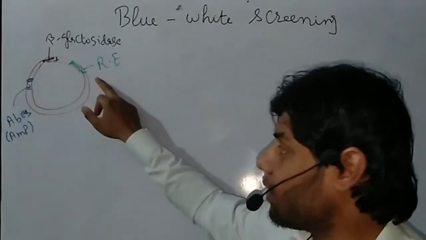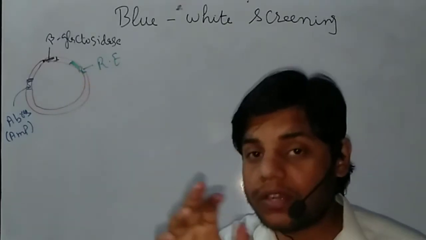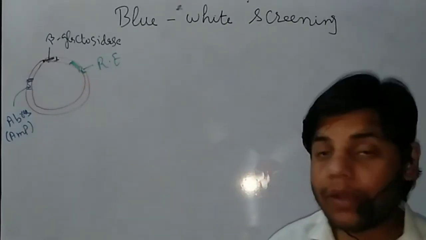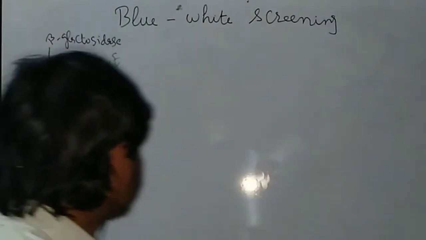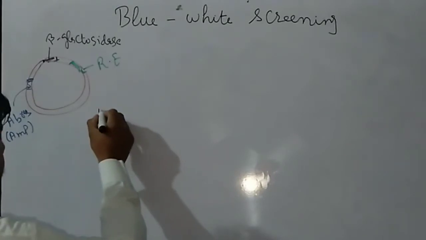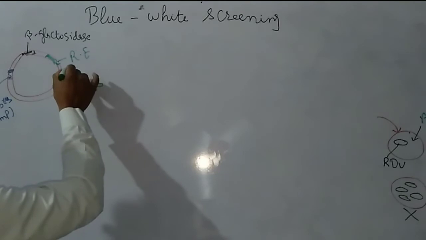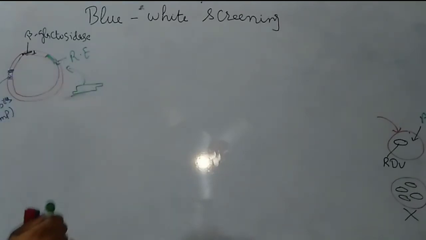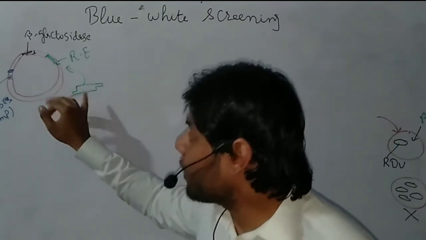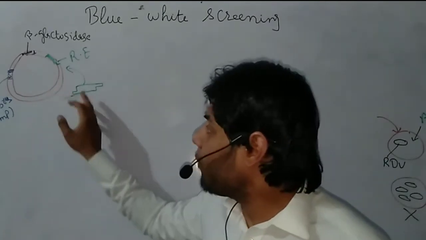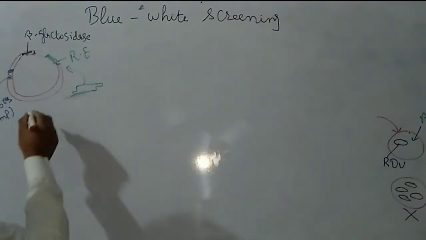Now when we cleave the vector with a restriction enzyme and add our target DNA, let's suppose this is our target DNA, we join it with this vector by cleaving both the vector and the target DNA with the same restriction enzyme. When we join it, we get a structure like that, as you can see.